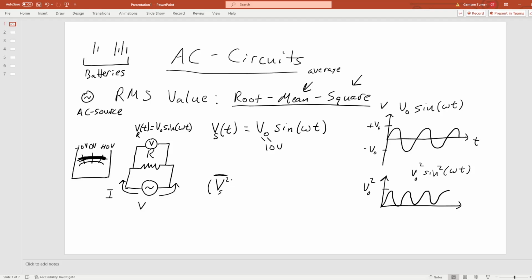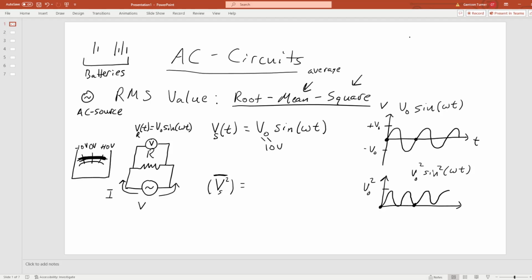So we're going to take the average of the square of the source signal. This is a time average. If I look at one complete cycle, one complete cycle on the original sine graph is from here to here. One complete cycle on the sine squared is from here to here. Just bear that in mind.